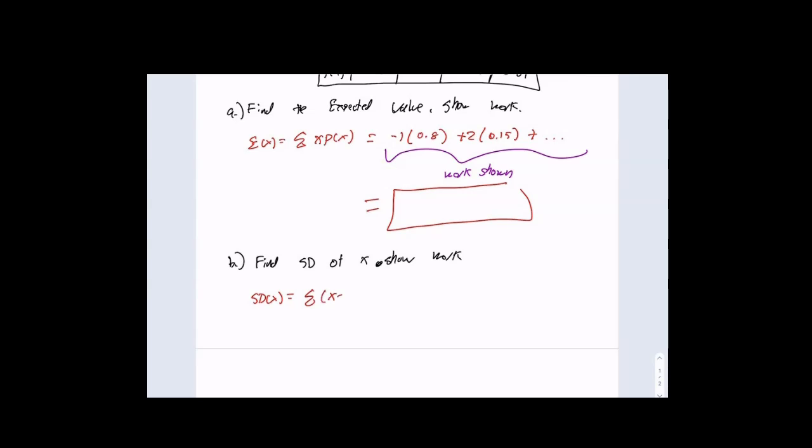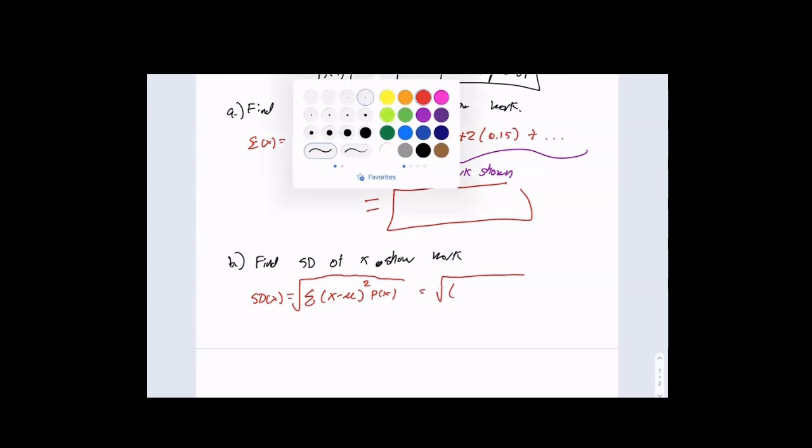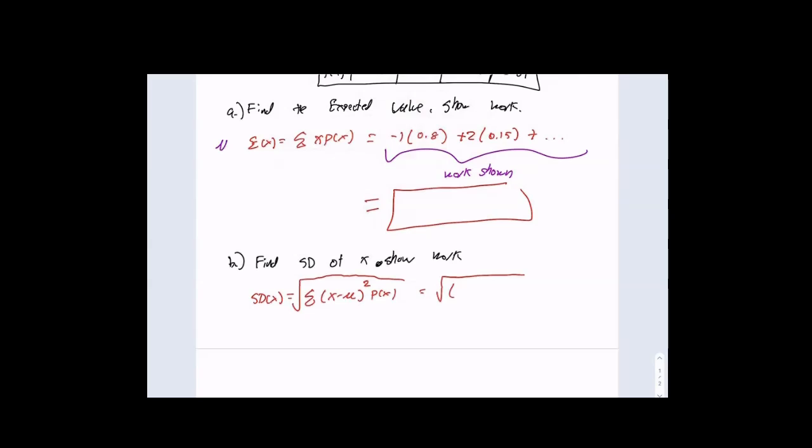Parentheses, x minus the mean, squared, times p of x, and it's actually the square root of all that. So when I do this, I get the square root, and I can define up here that this is mu. I'll say this is the mean right here.